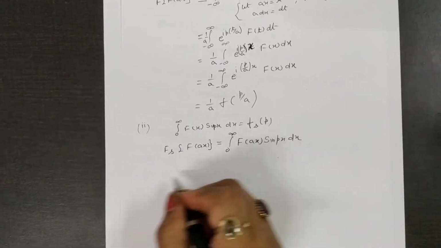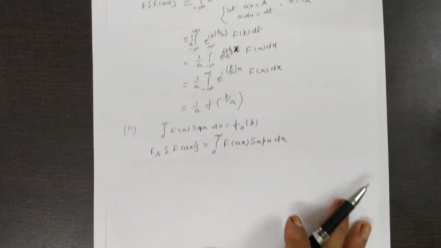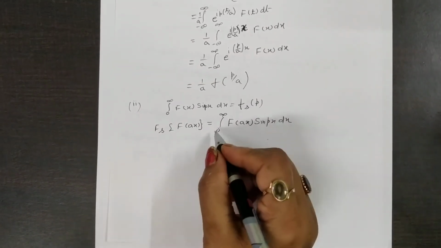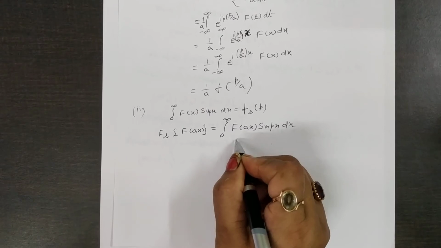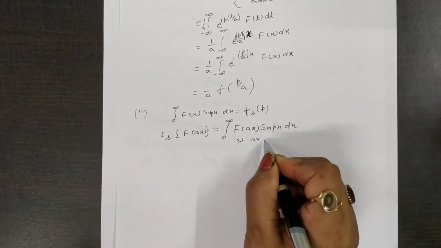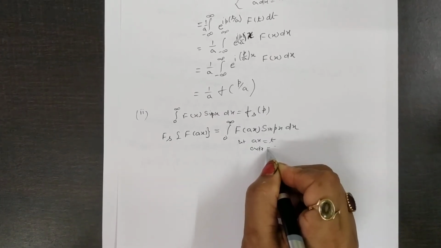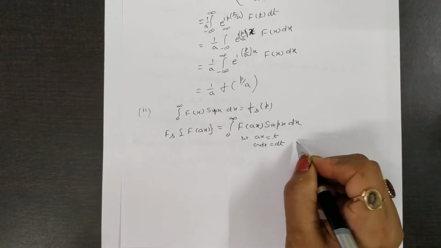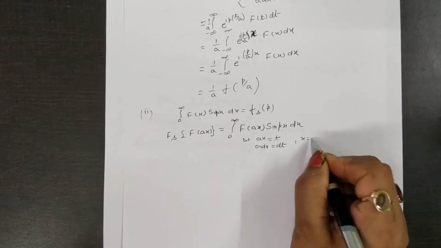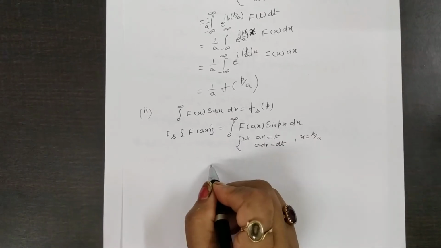As earlier, we substitute ax equal to t, then a dx is equal to dt, and x is equal to t by a.